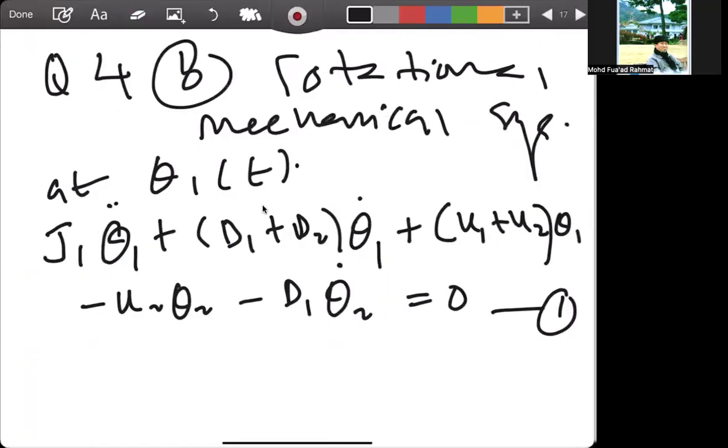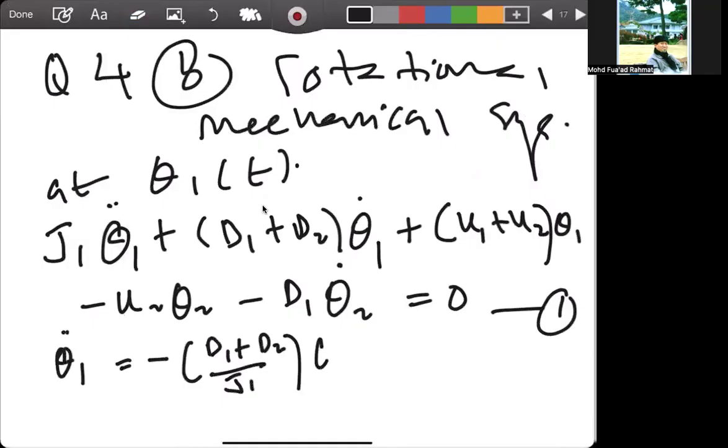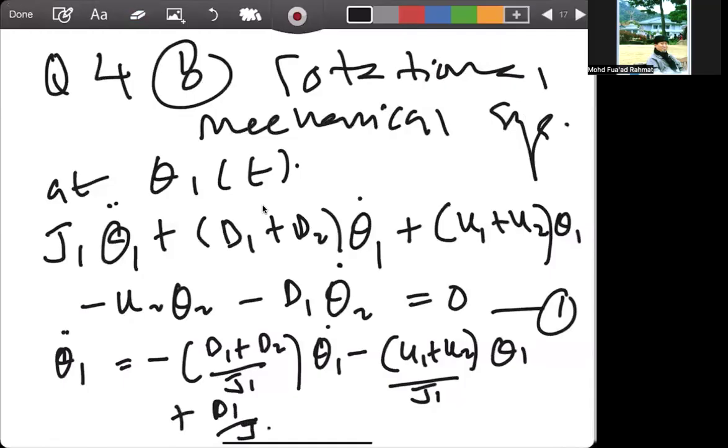So from here, we can simplify it to become theta 1 double dot equal to minus D1 plus D2 over J1 theta 1 dot minus K1 plus K2 over J1 theta 1 plus D1 over J1 theta 2 dot plus K2 over J1 theta 2.